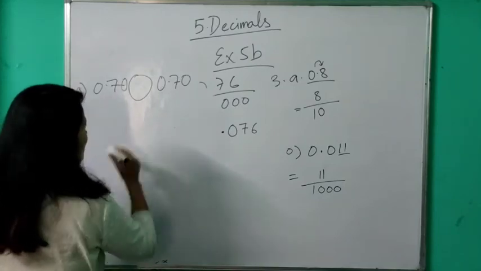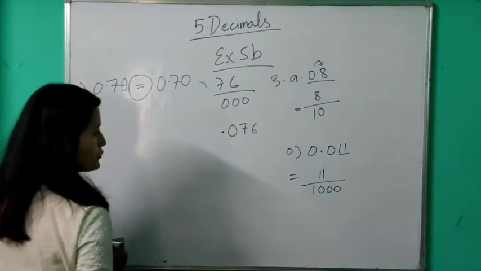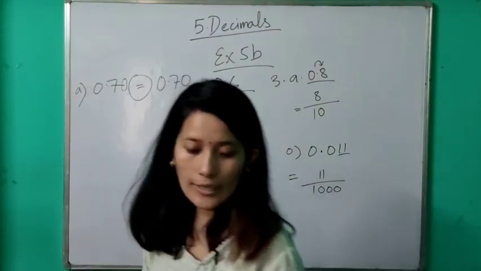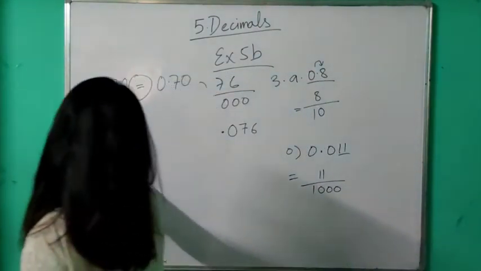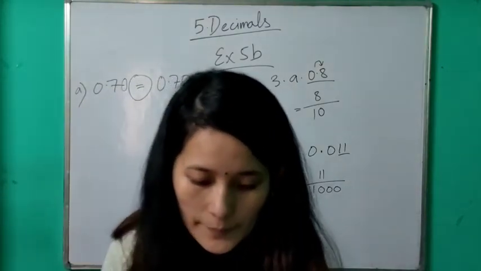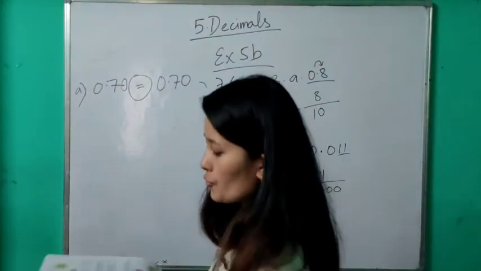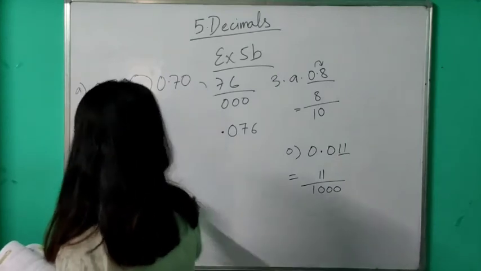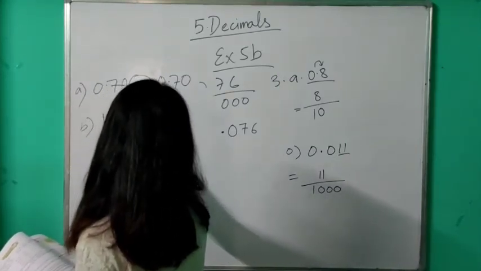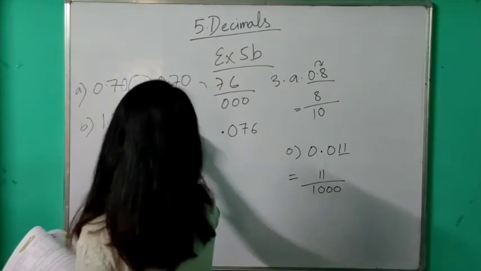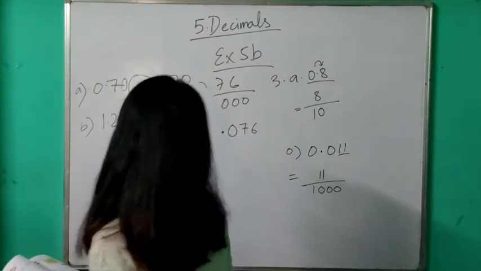So the value is the same, so it will be equal to. Okay, now moving on to question number D. Question number D is also similar, so let's go to question number B. Question number B, 1.26, 1.62.